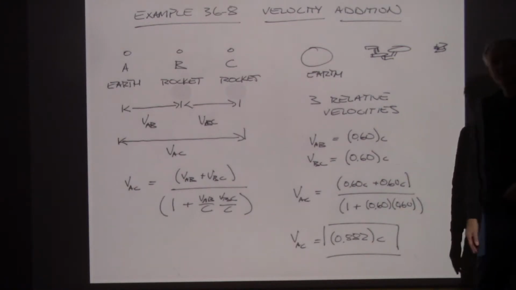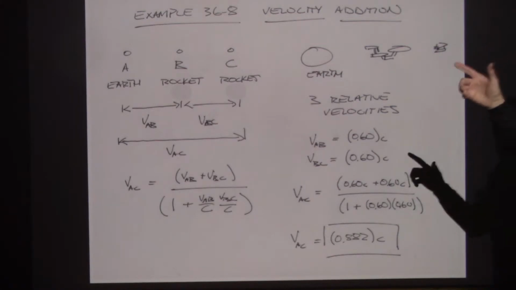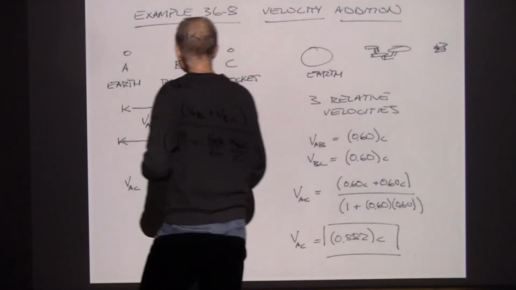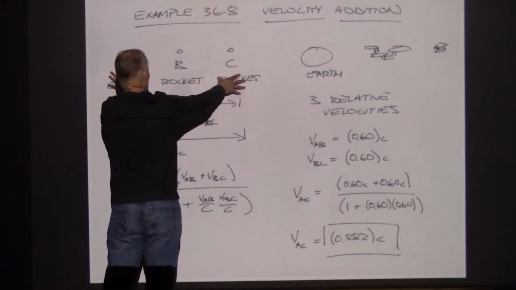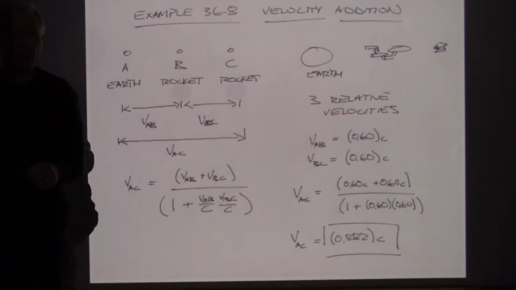Now the 2 0.60s combined add up to be 1.2 c. That's faster than light. Relativity says there's no such thing as 2 reference frames that are moving faster than c relative to each other.